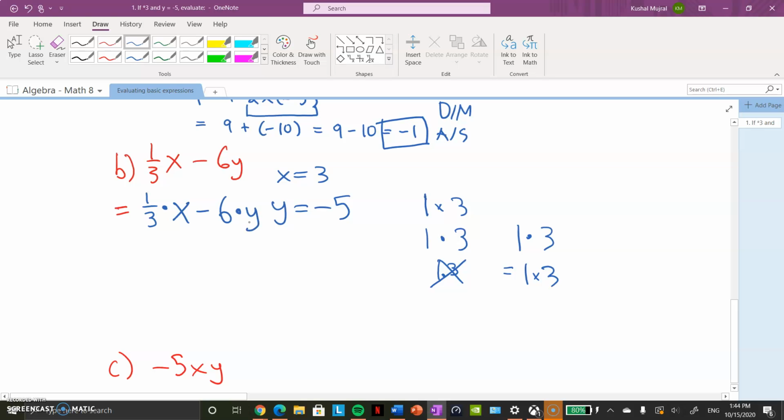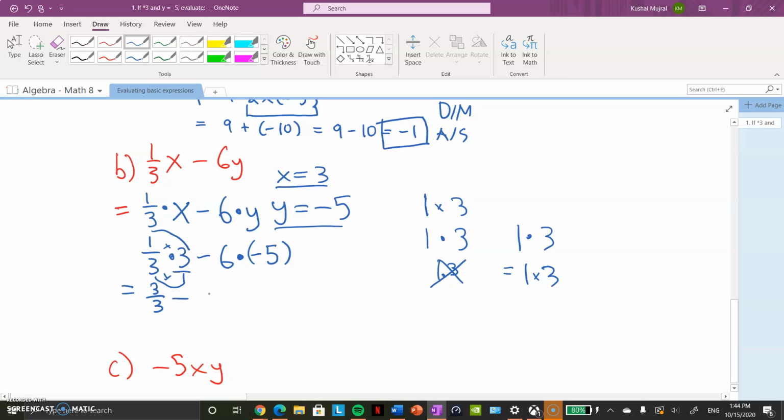Okay? And so 1 over 3 dot, and we know that x equals 3 minus 6 dot y equals negative 5. So then this becomes 3 over 3, right? Because this is the same as 3 over 1. You multiply the 1 by the 3 and the 3 by the 1.